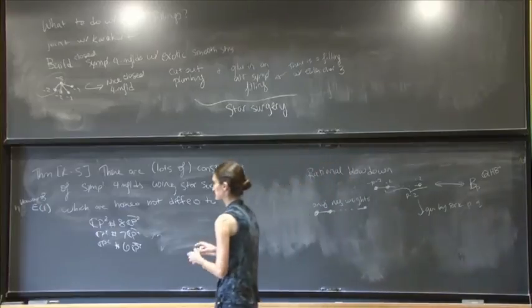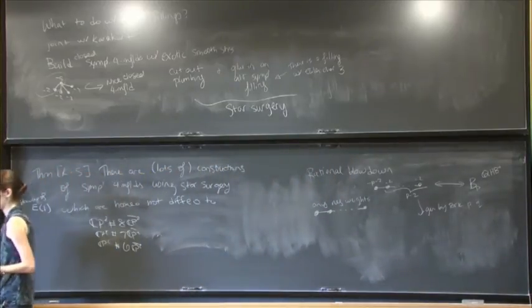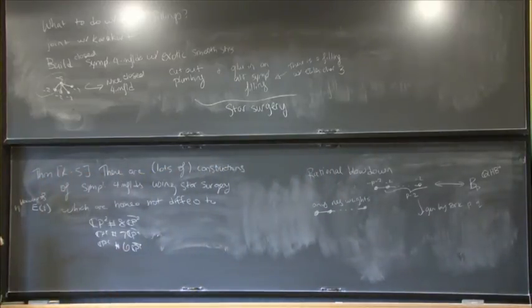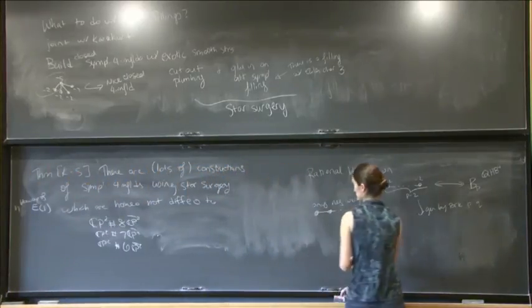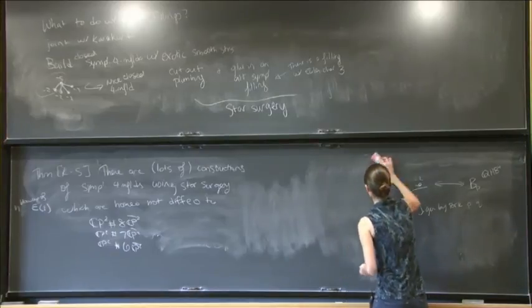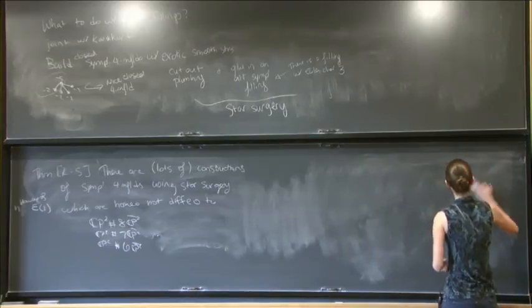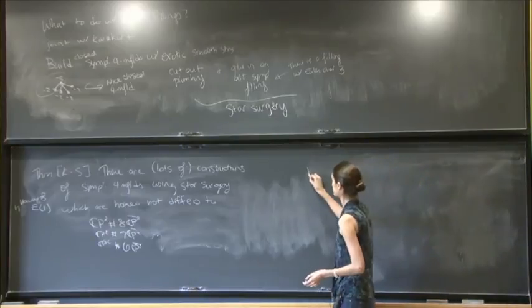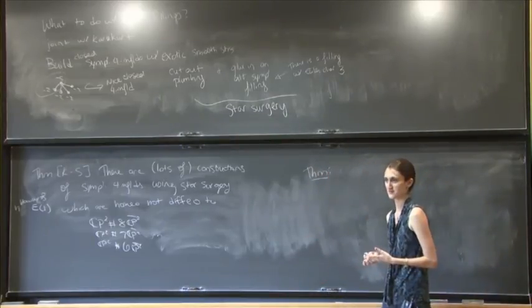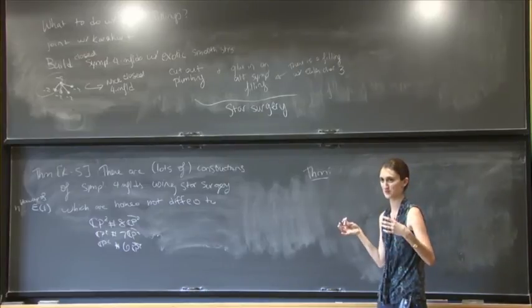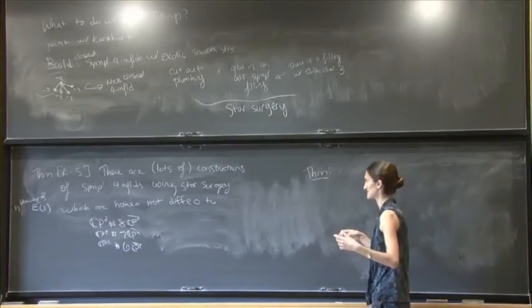But a question was brought up: is star surgery more general than sequences of rational blowdowns? And it's not terrifically surprising that the answer is yes, it is more general, because we're looking at many more configurations. But it's really a pain to show that a particular operation is not equivalent to any sequence of something.